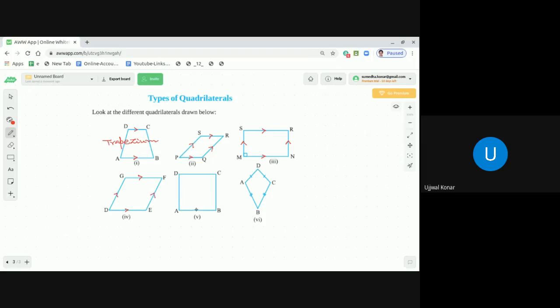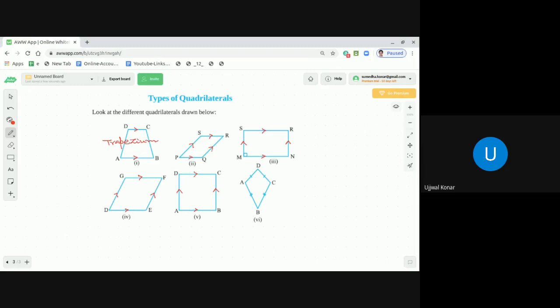Look into 5: AB is parallel to DC and PC is parallel to AD. So all these diagrams, 2, 3, 4 and 5, come under the definition of a parallelogram. Why is it so? I repeat once more: because the definition of a parallelogram is a quadrilateral with each pair of opposite sides parallel.